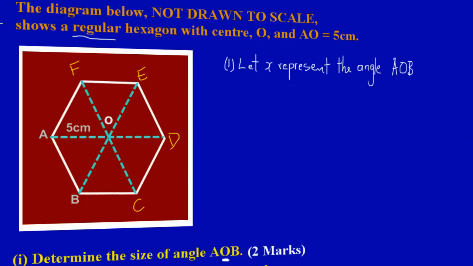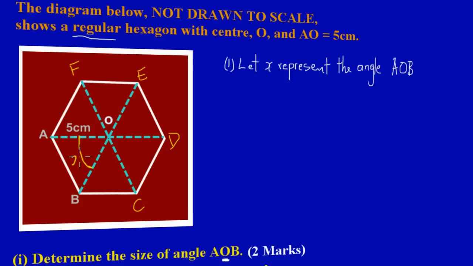Okay, now basically what we have just gone through, my friends, if the size of angle AOB is X and we have just established that each interior angle is the same, then let me mark it here in yellow, that's the angle AOB.